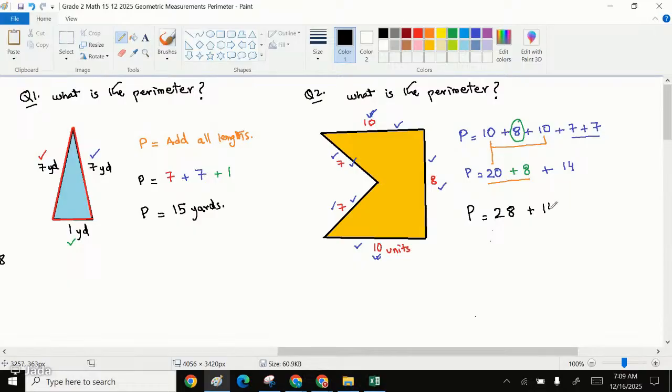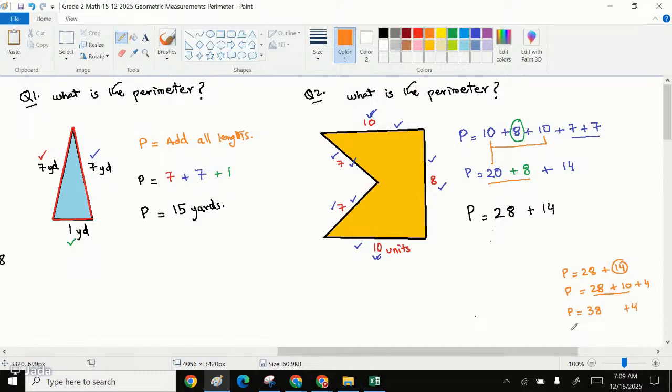plus 14, right? Let's look at how we can add the numbers together. I will give you a hint. If I would write it down over here, we had to solve 28 plus 14, right? Can I break this 14 into 28 plus 10 plus 4? 28 plus 10 is 38, and this was a plus 4.